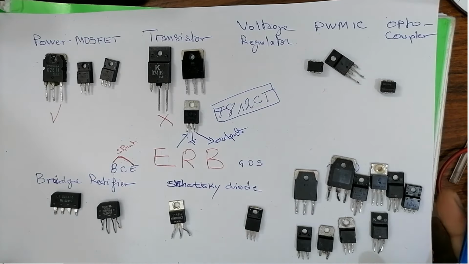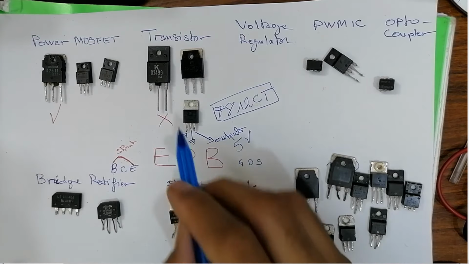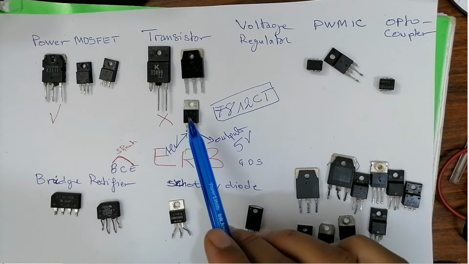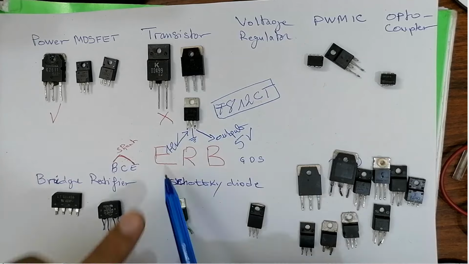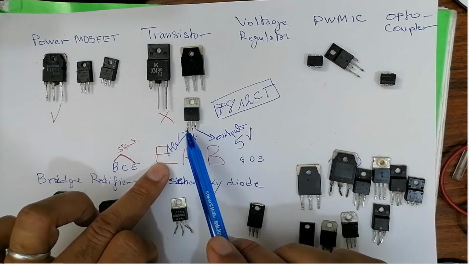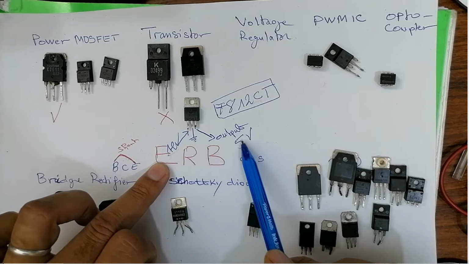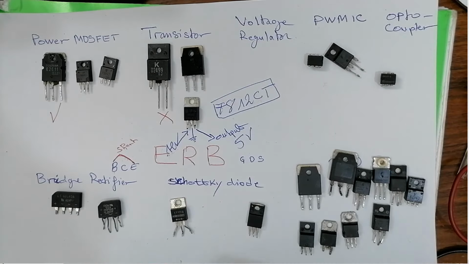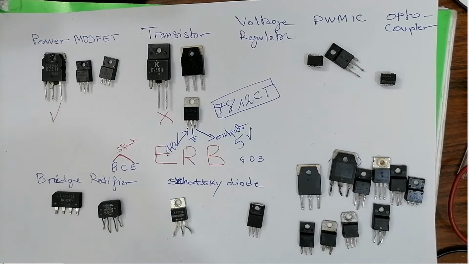Let's assume that the output is 5 volts and the input is 12 volts. To check whether this voltage regulator is serviceable or not, you should power it with 12 volts at its input and connect this one to the ground, and then use the multimeter to check whether you get 5 volts or not.